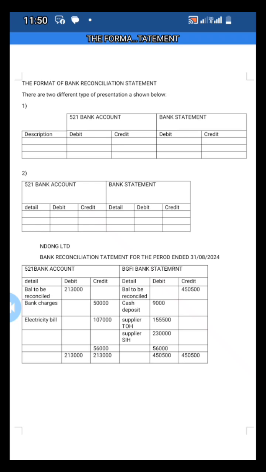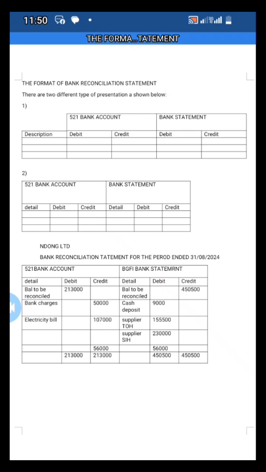The next one is where you separate the description completely from the two accounts, the bank account and the bank statement. So it is divided into two. You have the bank account, which has the details or description, debit and credit, and then you have the bank statement, which has the details, the debit, and the credit.